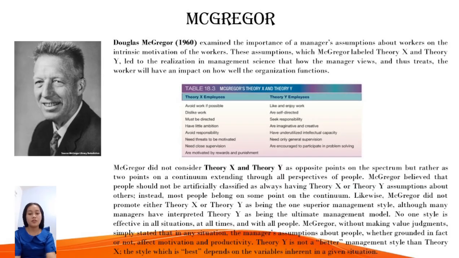McGregor did not consider Theory X and Theory Y as opposite points on the spectrum, but rather as two points on a continuum extending through all perspectives of people. McGregor believed that people should not be artificially classified as always having Theory X or Theory Y assumptions about others. Instead, most people belong at some point on the continuum.